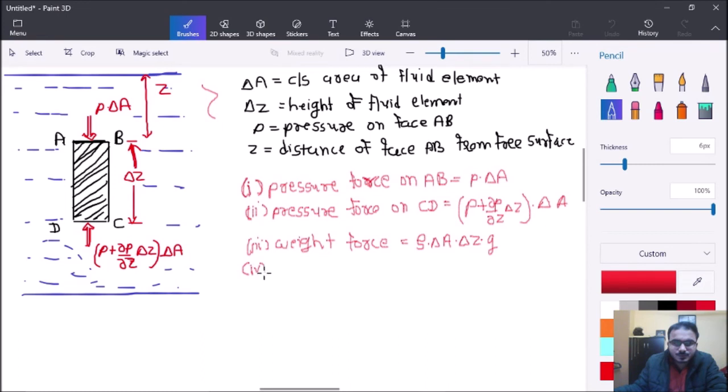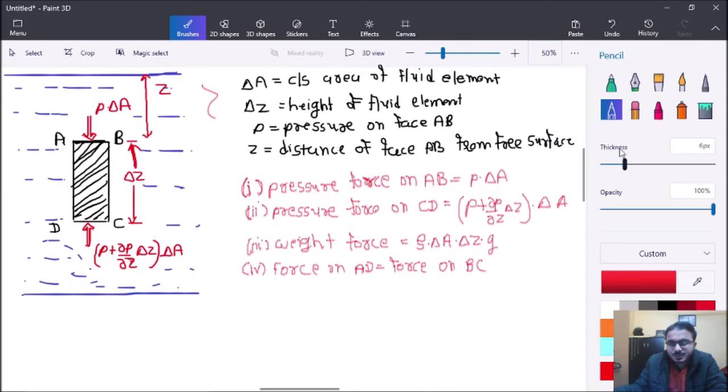And fourth, force on AD is equal to force on BC. Why?